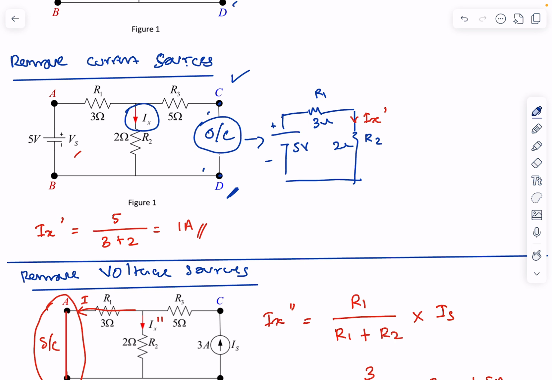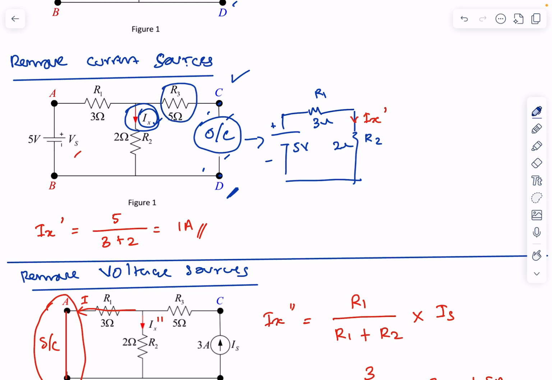How to solve this current Ix depends on you and your previous electrical circuit principles and concepts. From my point of view, since terminals C and D are an open circuit, R3 no longer matters.